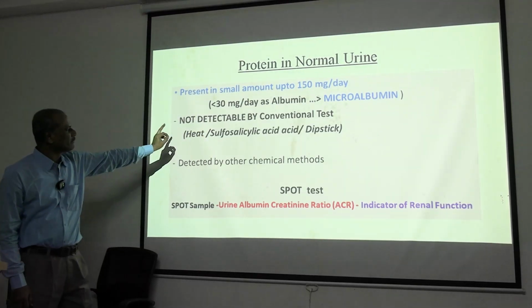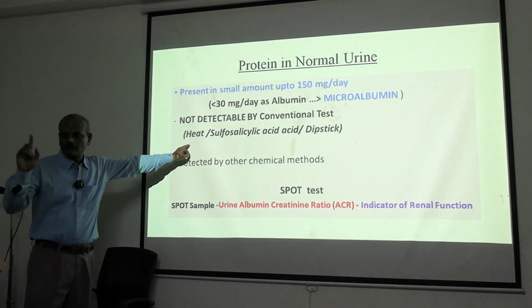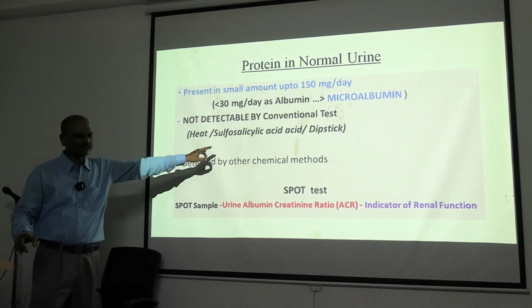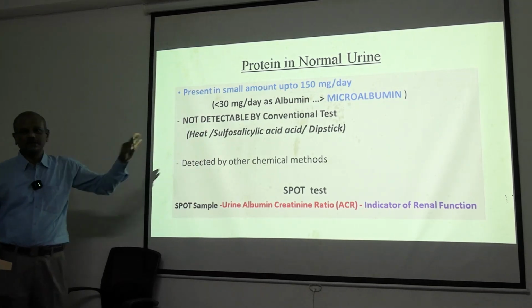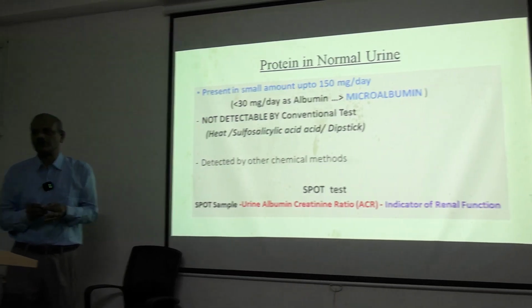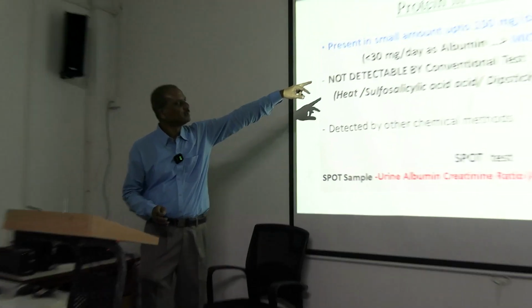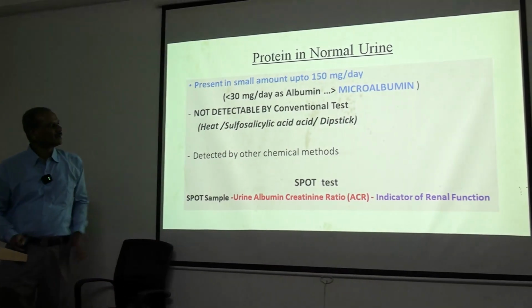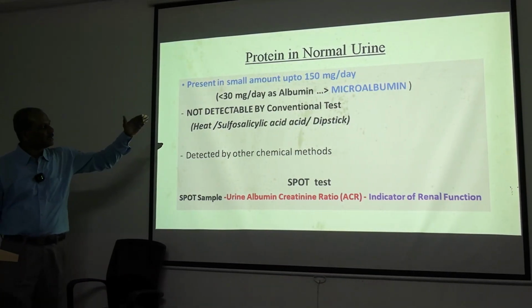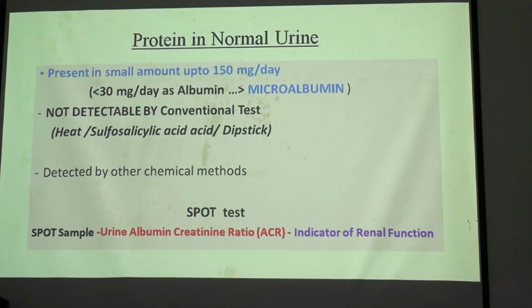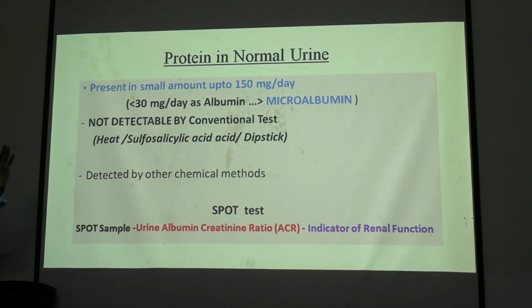Conventional tests are the heat test, or sulfuric acid, or dipstick method. These are the commonly used conventional methods, but they are not sufficient to detect that amount. So out of this 150 milligram, 30 milligram per day is excreted as albumin. This is the total maximum amount.